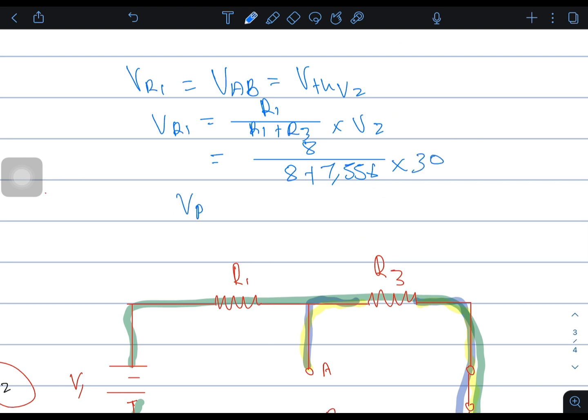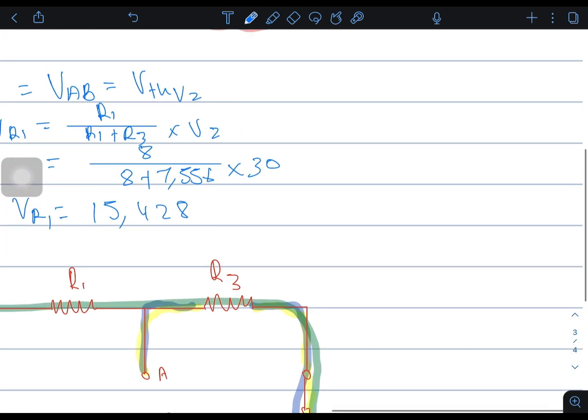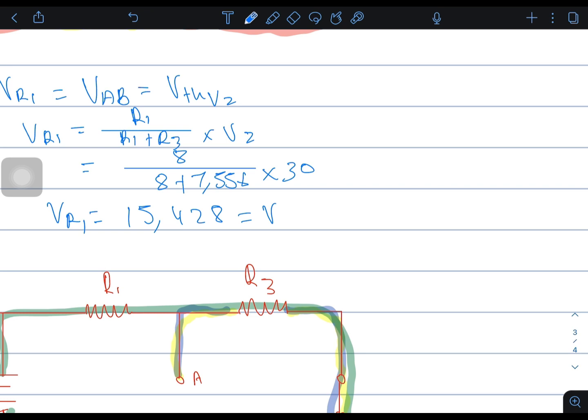Therefore, let's punch that: 8 over 8 plus 7,556 times 30, which is 15,428 volts.